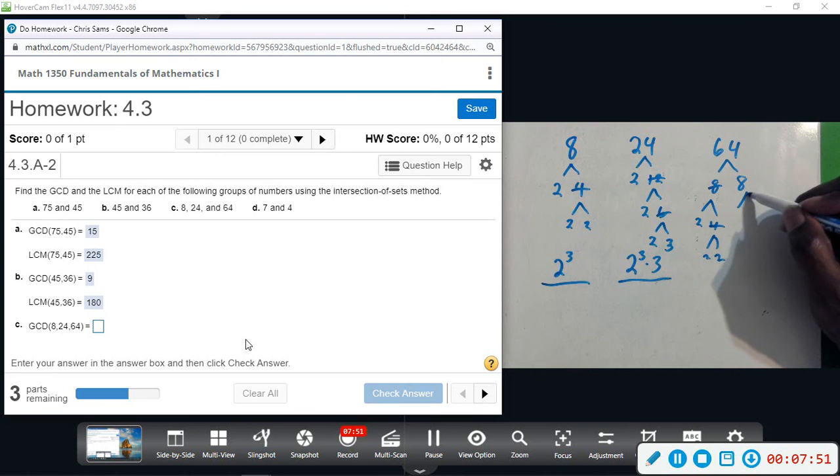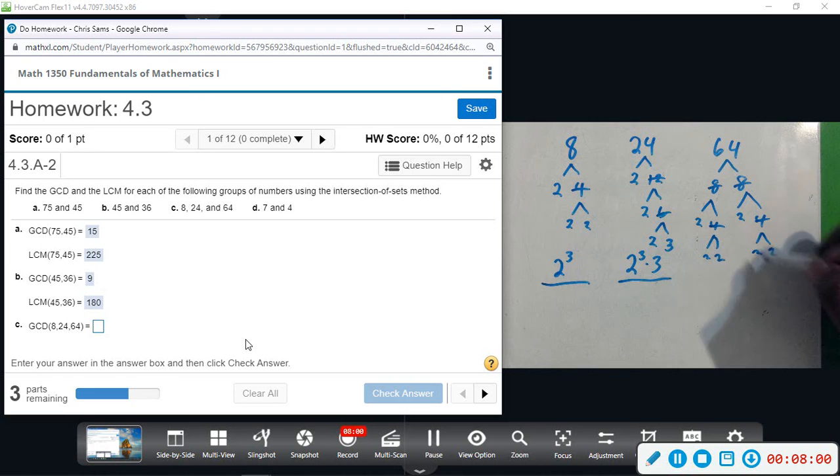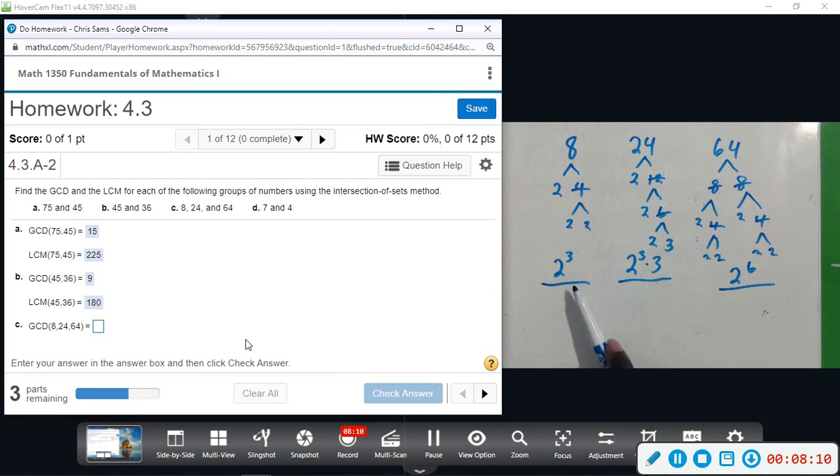And then we'll do the same thing with this 8, 2 4, 2 2. So we have 1 2 3 4 5 6 2s on the ends of our stem. So we have 2 to the 6th power. Okay, so these are our prime factorizations of each of those numbers.